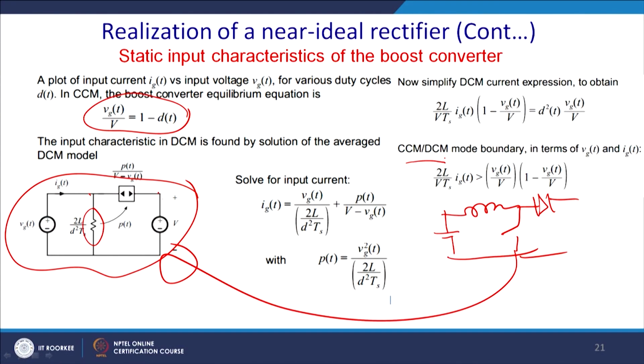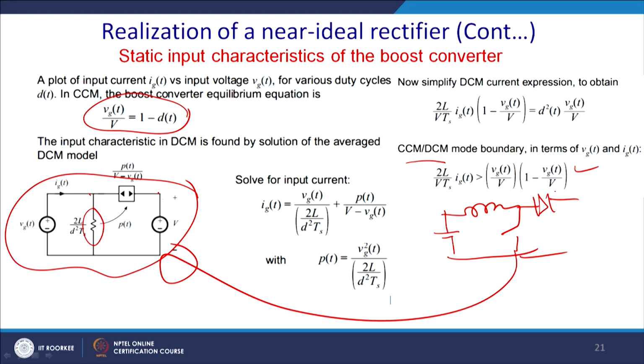Due to lack of time, we cannot go through all the derivation parts. The CCM and DCM mode boundary in terms of Vg and Ig can be written as 2L by V Ts into Ig should be greater than Vg by V into 1 minus Vg by V.